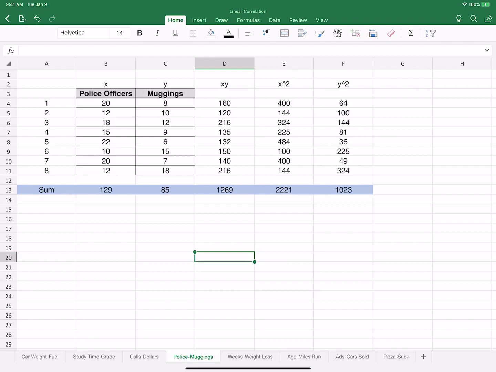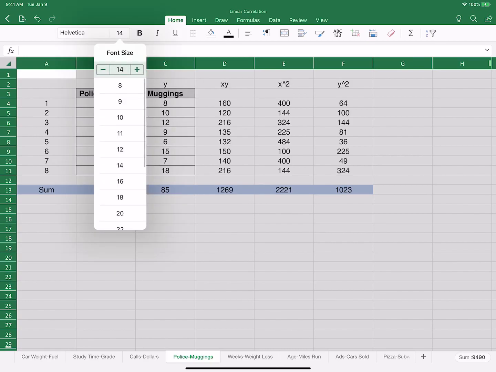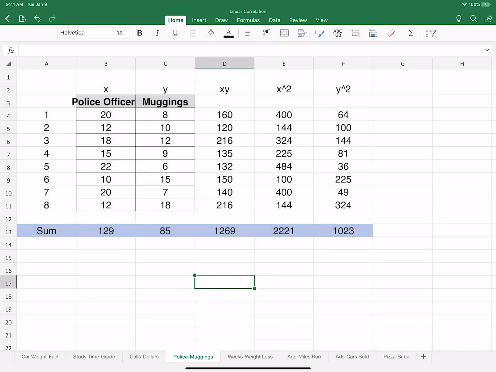N is 8. And I want you to get the rest here. Determine sum x, sum y. Copy that stuff down because we're going to use it. Sum xy, sum x squared, sum y squared. I'll give you guys a few seconds to get that. And then maybe as you do that, I'm going to increase the size here since it looks like we can.